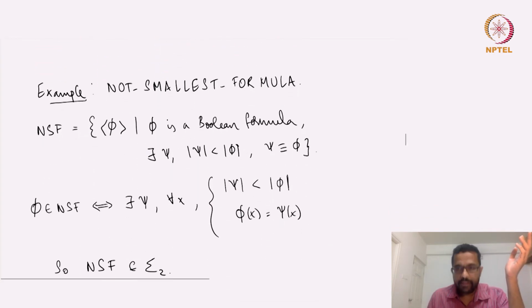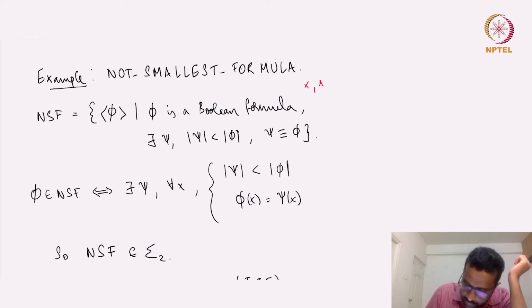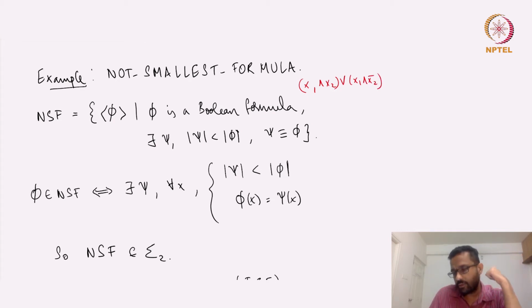Now some examples. One is not smallest formula. So for instance, what is a not smallest formula? x1 and x2, or x1 and x2 complement. So when will this be true?